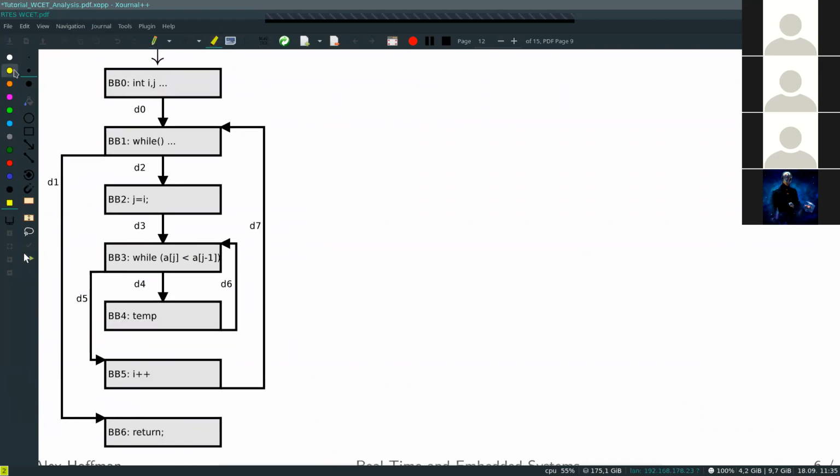And we'll go yellow, red, and we'll say, for instance, for this basic block that it actually uses both cache lines.